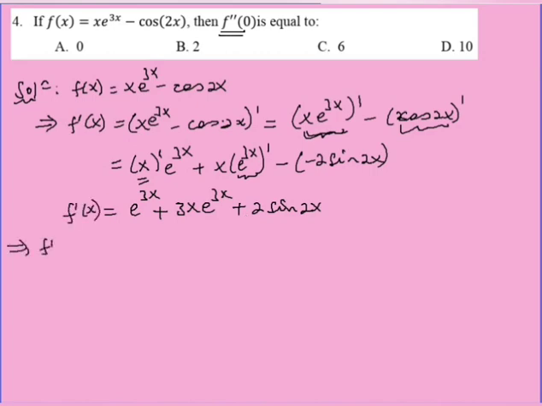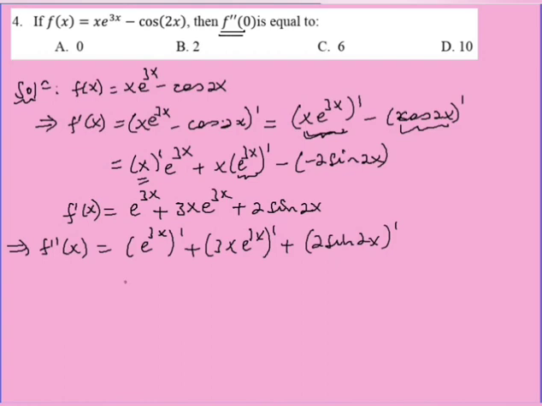Now the second derivative of this function is the derivative of e to the power of 3x plus the derivative of 3x e to the power of 3x plus the derivative of 2 sine 2x. So this becomes 3 times e to the power of 3x.